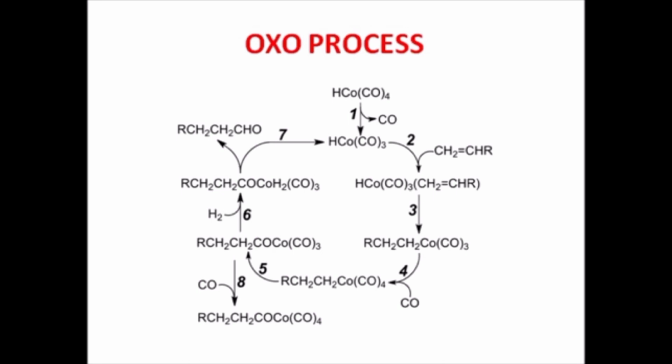You may ask, sir, what is the problem of getting this byproduct alkane? Sometimes this byproduct alkane may be mixed with the desired product, that is the aldehyde. They may be mixed together. Therefore, it will be very difficult to separate them.